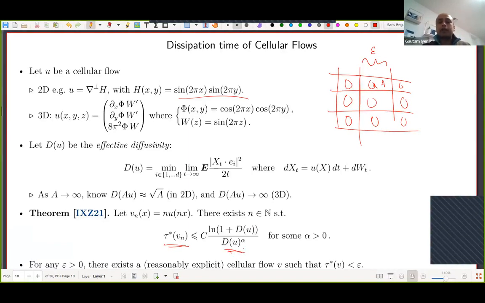So it's in the denominator here. This effective diffusivity has been studied a lot, starting from Childress, I think, in the fluids community. So you know exactly the behavior of the effective diffusivity as you do some rescaling. So I can always take a cellular flow with strong enough amplitude and small enough cells to make the dissipation time arbitrarily small. The proof is a bit technical, so let me not go in that direction.